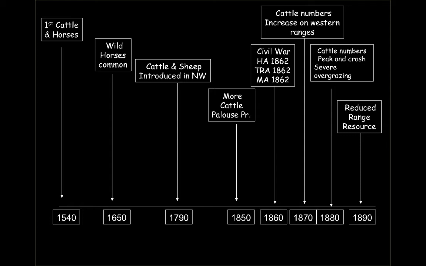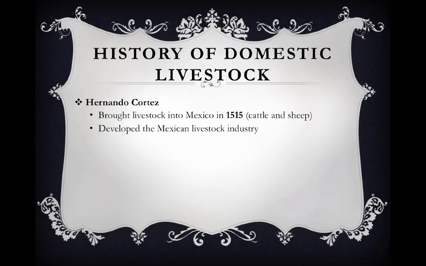And then by 1890, the resources that rangeland could provide were severely reduced because of these high numbers of inventories and major climatic changes. All right, so realize that as we're talking from about 1540 to 1850, the West wasn't really settled very much at all. And so it was after 1850 and the gold rush that we really started seeing people flock west.